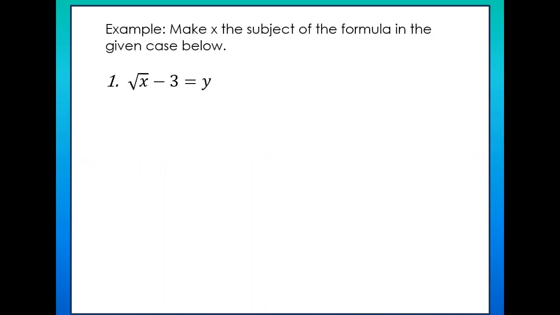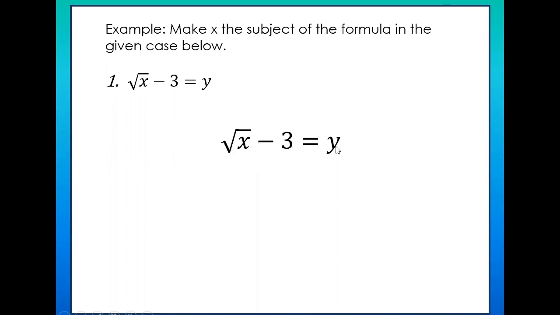Now focus first on number one. Let's focus first on this example number one. So we have square root of x minus 3 is equal to y. So in this case, before proceeding to squaring both sides of the equation, we have to transpose 3 to the other side of the equation, leaving only this square root of x.